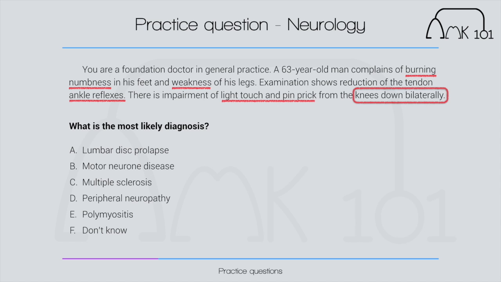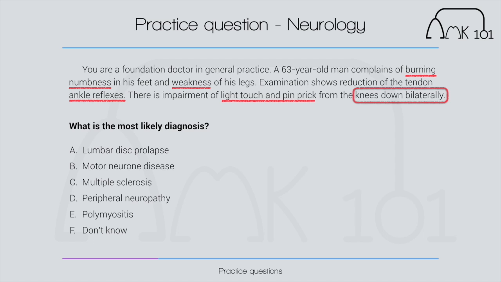Now, when you have sensory loss, one of the things you need to realise is there's only certain patterns of sensory loss. The sensory fibres travel together to the spinal cord, and then they divide into light touch and proprioception travelling in the posterior columns, and pain travelling in the spinothalamic tracts.